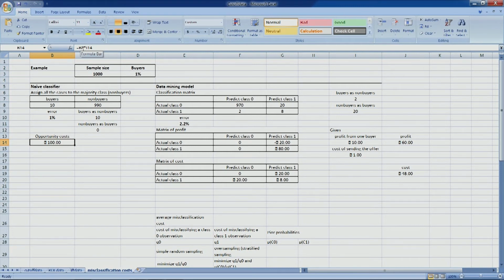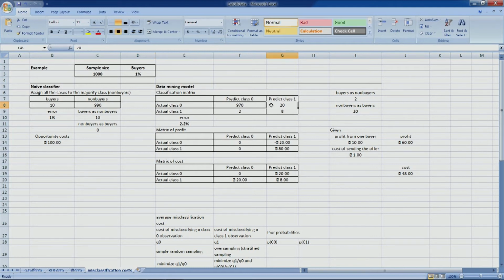Let's say we had a data mining model, and using this particular model we generated this classification matrix. This model correctly classified 970 class 0 as class 0 members, but 20 were misclassified.